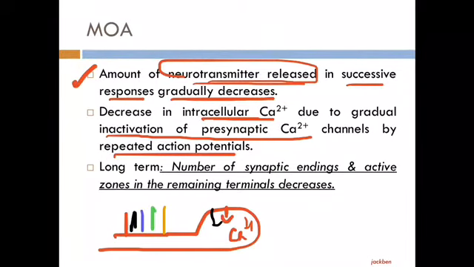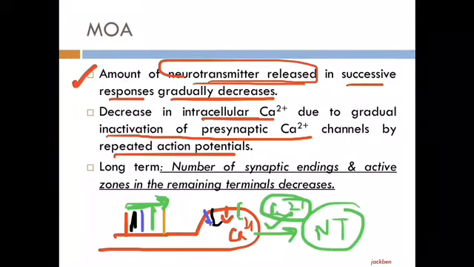Similarly in the third, again there will be very little opening of the calcium channels. With the fourth and fifth, there will be very minimal calcium channel opening. So with increasing number, from the 1st to the 10th, the opening of the calcium channel is decreasing, and because of that the neurotransmitter release is also decreasing.